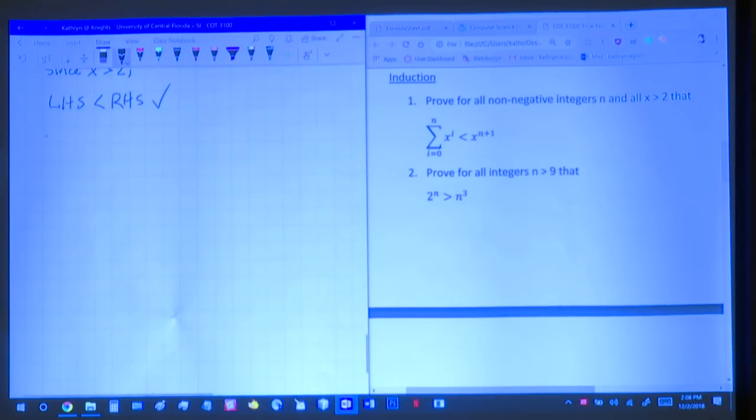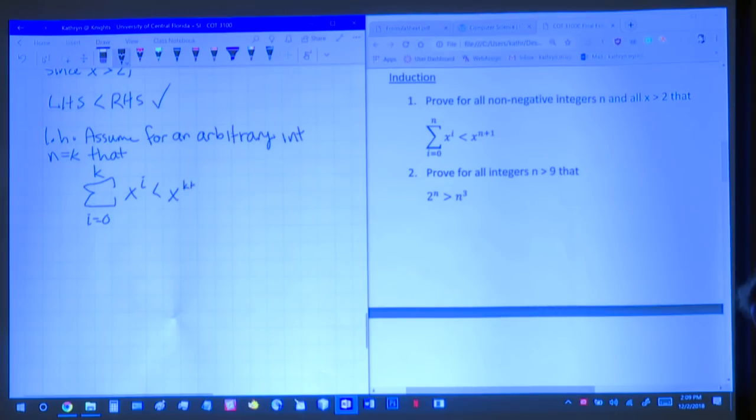And we can move on to the inductive hypothesis, which is: assume, for an arbitrary non-negative integer n equals k, that the summation from 0 to k of x to the i is less than x to the k plus 1, given x is greater than 2.